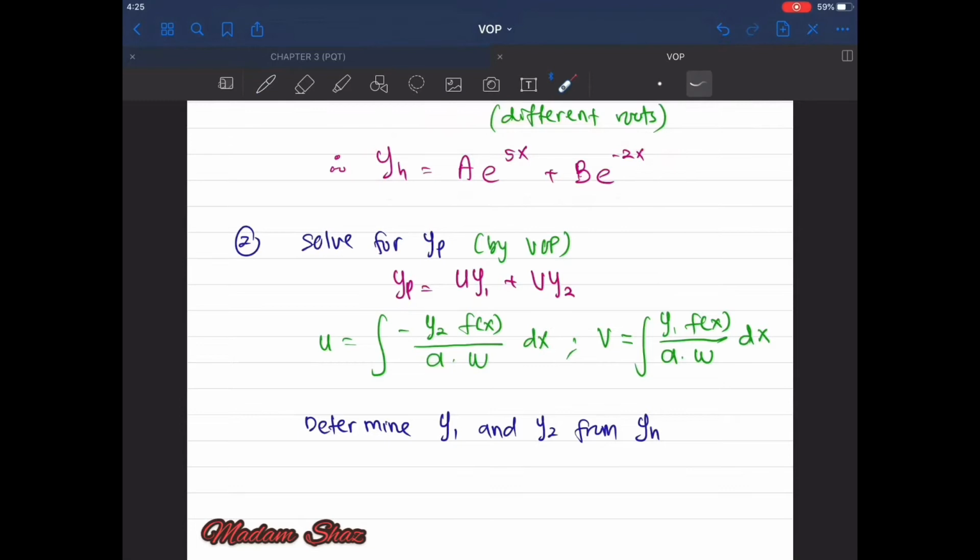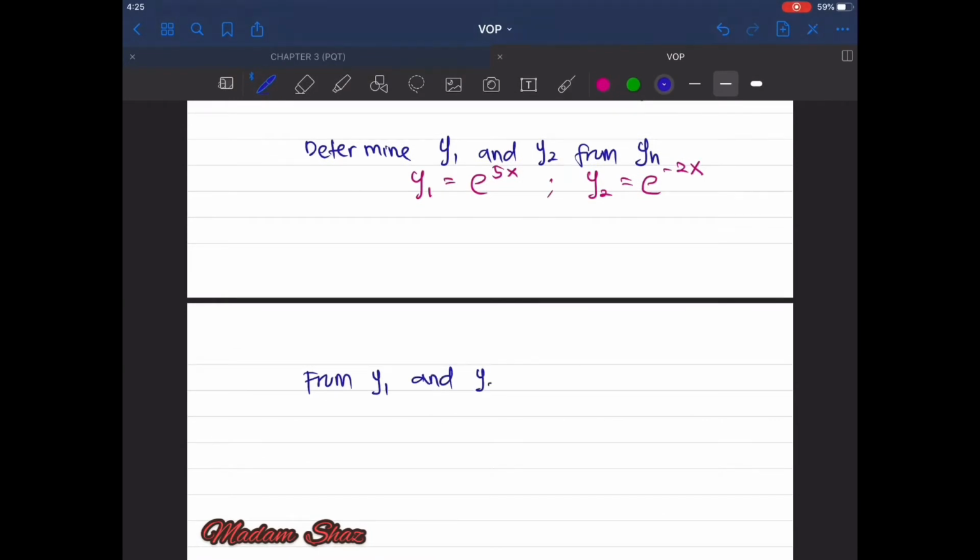This is our yh. y1 is anything beside a, so we just close the a. So y1 is equal to exponent 5x. y2 is anything beside b, so we just close our b here. This is our y2, which is exponent negative 2x.